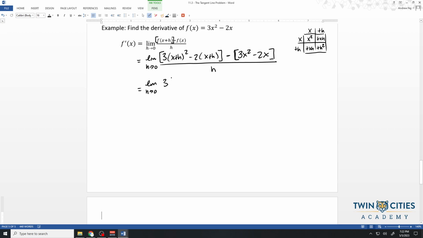So this will be 3 times x squared plus 2xh plus h squared. And I'm still subtracting 2 times x plus h, and then subtracting 3x squared minus 2x. This is all over h.